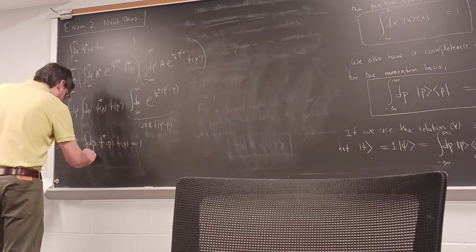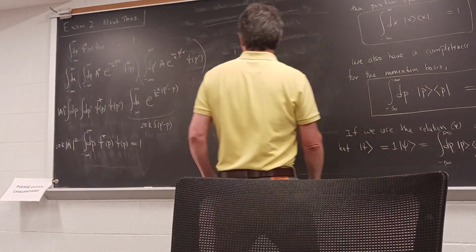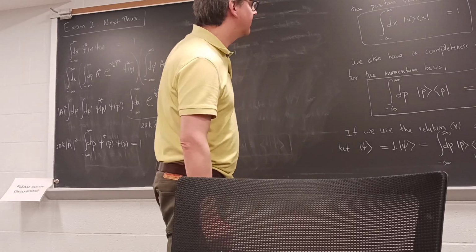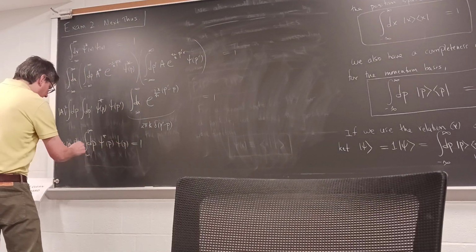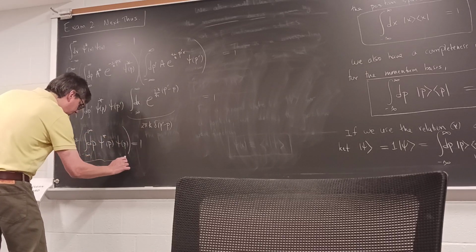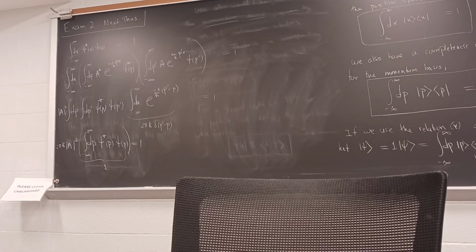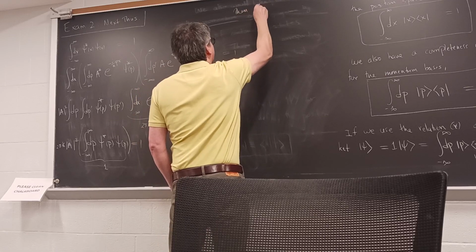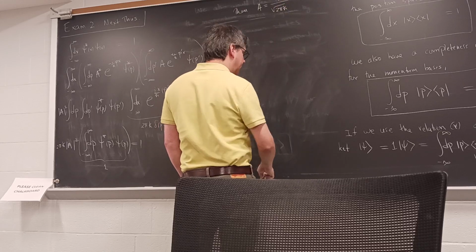Okay, and so what do we do? If we look at our normalization condition for psi, we're going to assume that this is also normalized, so that this should be equal to 1. So if that's the case, then A is 1 over the square root of 2 pi h bar.